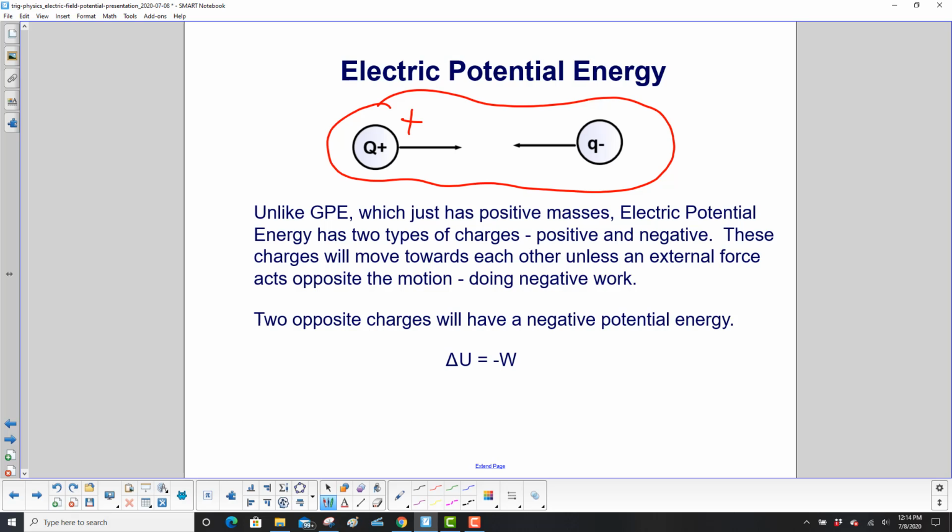Here's positive, here's negative. They're going to try and get close to each other unless we do work on, let's say, Q minus here. We'd have to push it this way. We'd have to have a force in that direction. So the force is moving opposite the motion, so it's negative work. So they will have a negative potential energy. Two opposite charges have a negative potential energy.